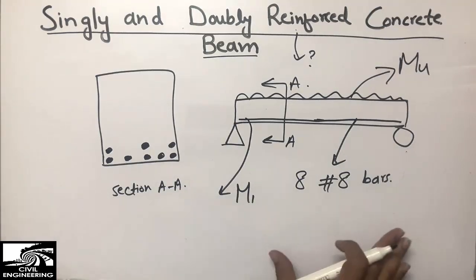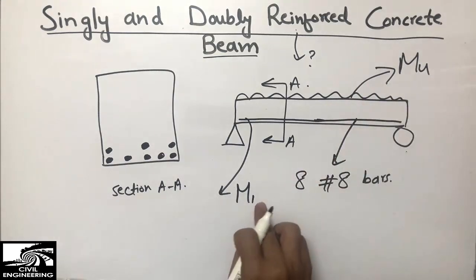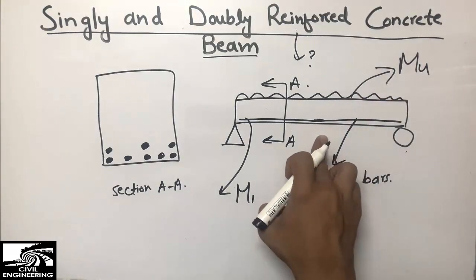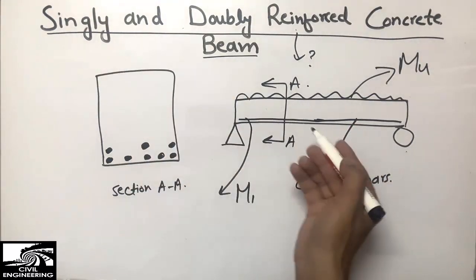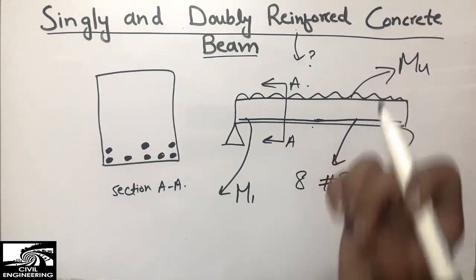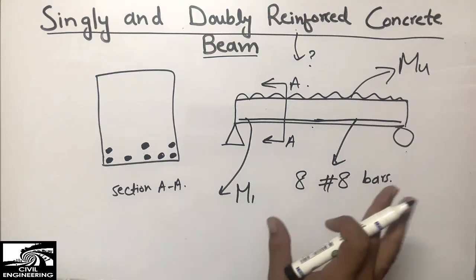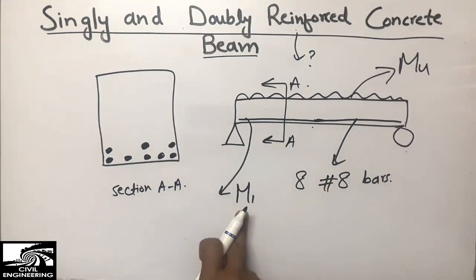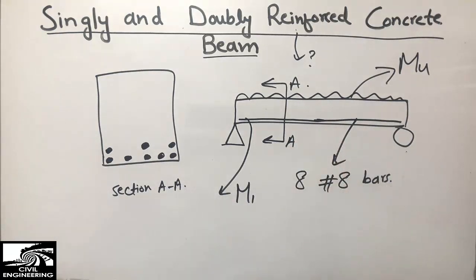So if the moment demand coming on this beam is less than M1, the moment capacity of this beam, it is fine. If you guys didn't know about the design of the singly reinforced beam, we did it in earlier videos, and you can check the description of this video to find the design of the singly reinforced beam. So you will get to know how to find M1, and we have designed the singly reinforced beam. Now I'm going to define the doubly reinforced beam, and when we have to use it.